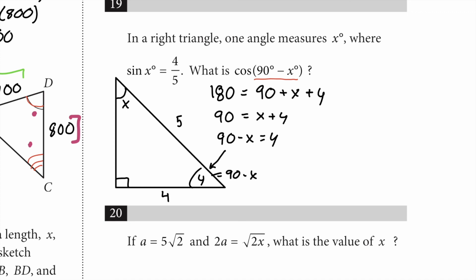It wants us to find the cosine of this angle here, 90 minus x. The cosine is going to be the adjacent side length, which is right here, over the hypotenuse. So cosine of 90 minus x is just equal to sine of x, which is equal to 4/5, 0.8.